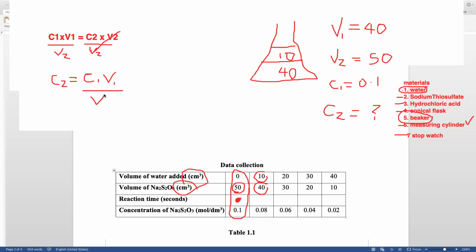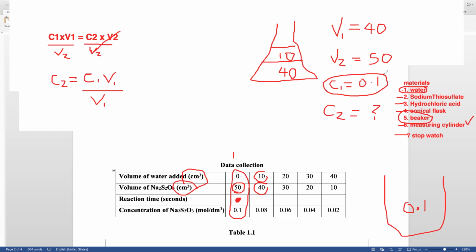Now, I want you to pay attention to this. In the first experiment, we extracted this from sodium thiosulfate whose concentration is 0.1. So regardless of the volume you get from there, the initial concentration of sodium thiosulfate remains the same. This is not changing.